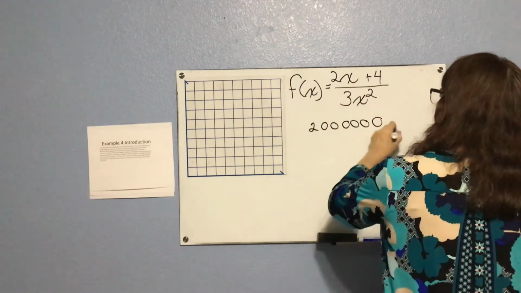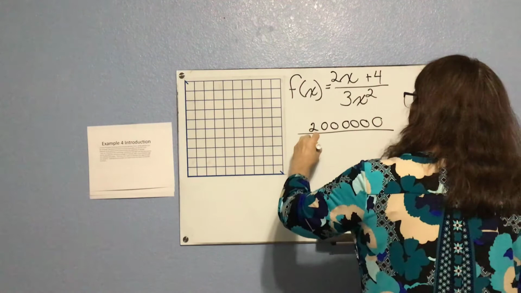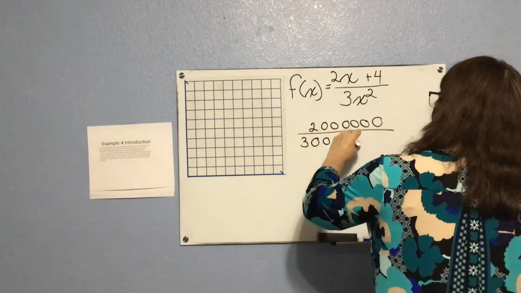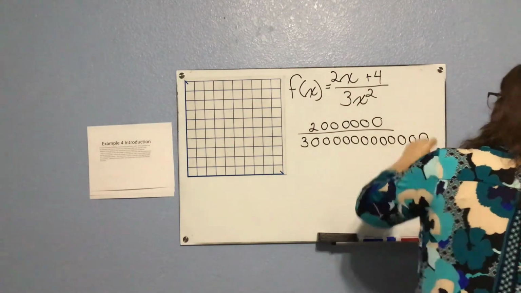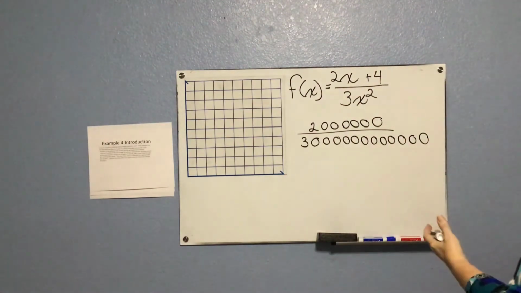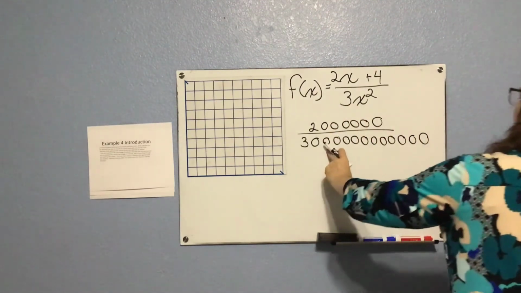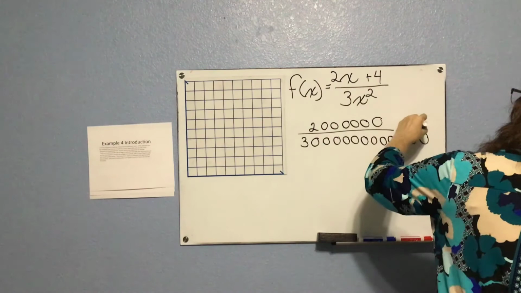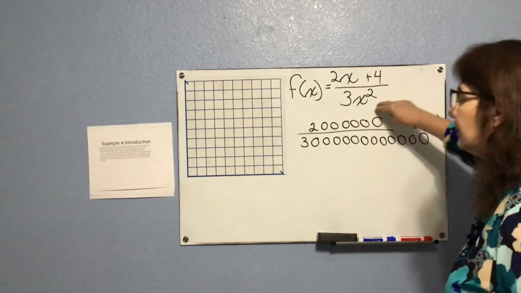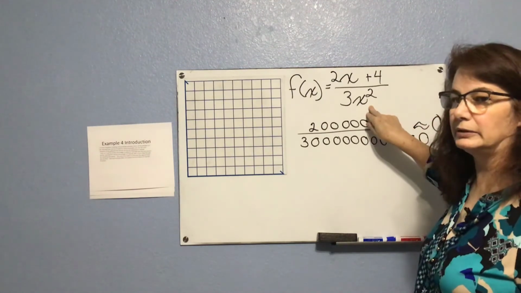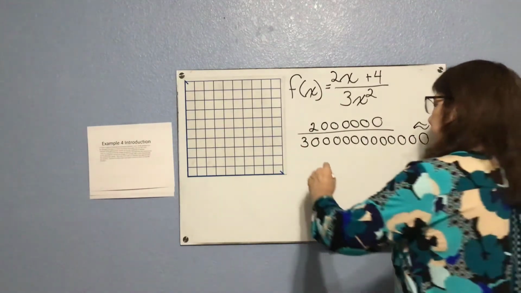So I'm going to have 2,000,000 divided by 3,000,000 squared. What's going to happen? When I take a small number and divide it by a very large number, eventually it goes to 0. So if the denominator degree is higher, the horizontal asymptote is 0.